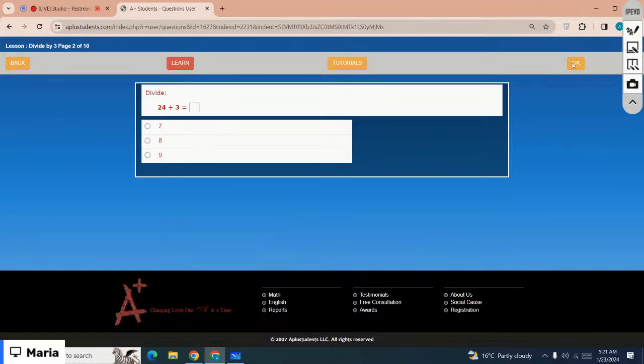The next one is 24 divided by 3, which is the correct option? You need to count the table of 3 until 24.